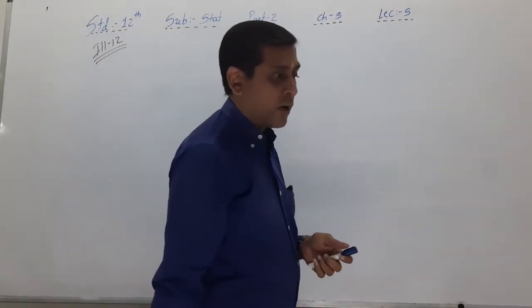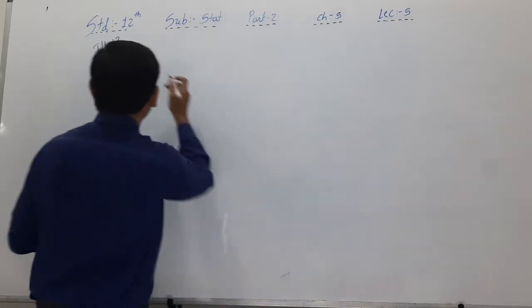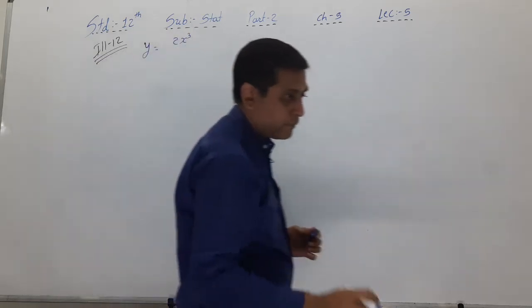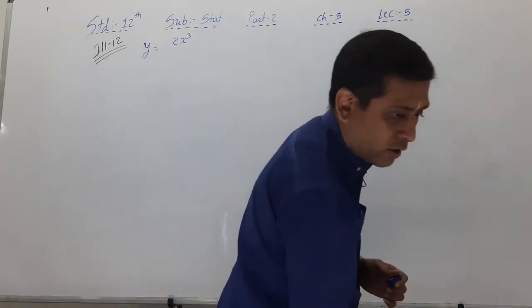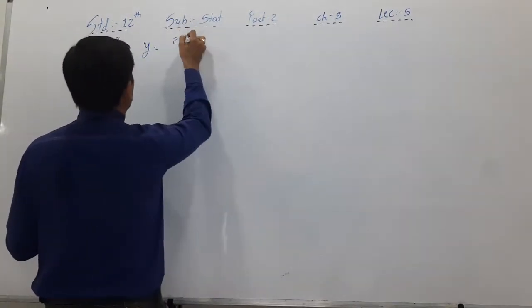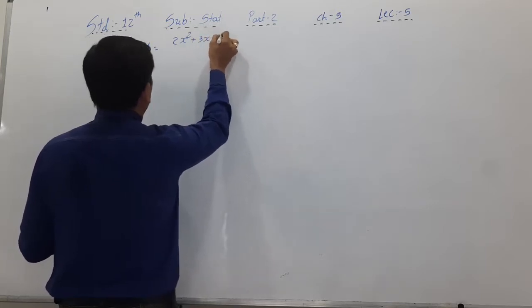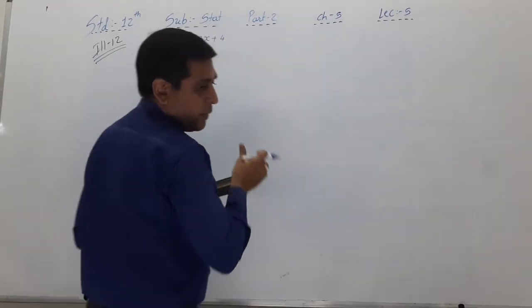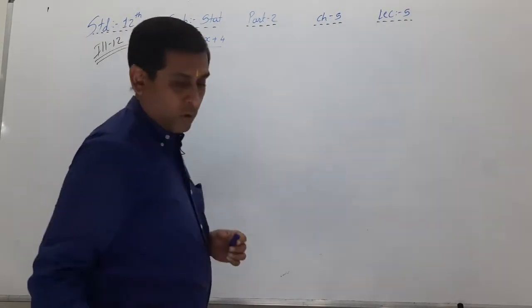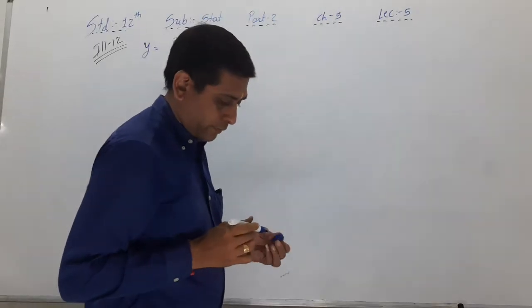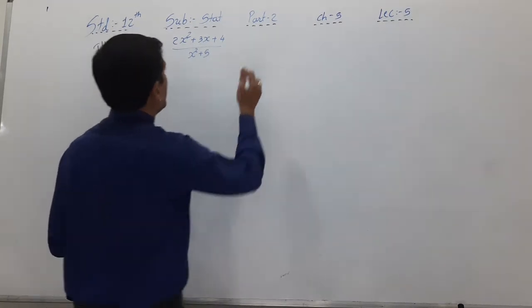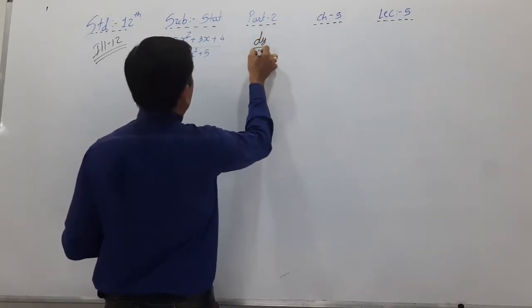See that particular question first. If y is equal to 2x square plus 3x plus 4 divided by x square plus 5, you have to find dy by dx.